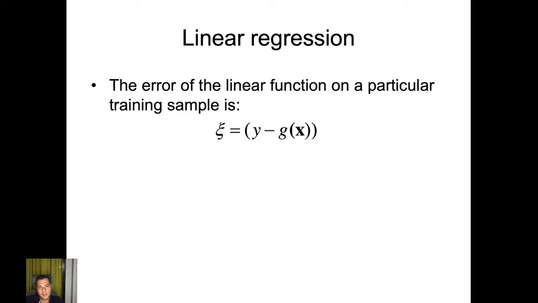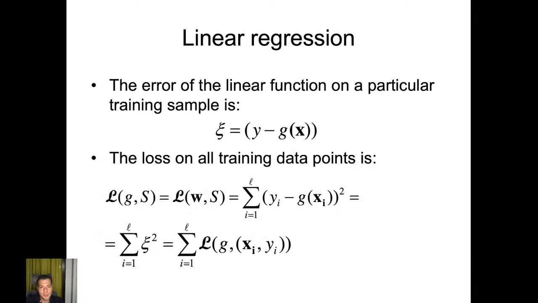So we have this error for some data sample x with respect to its corresponding output y. So considering all training data points, we have this sum of squared losses, so sum of squared errors. So the loss for the linear regression is typically denoted by this function L, round L.